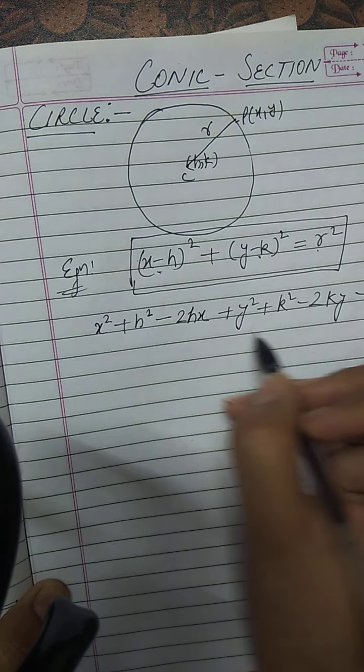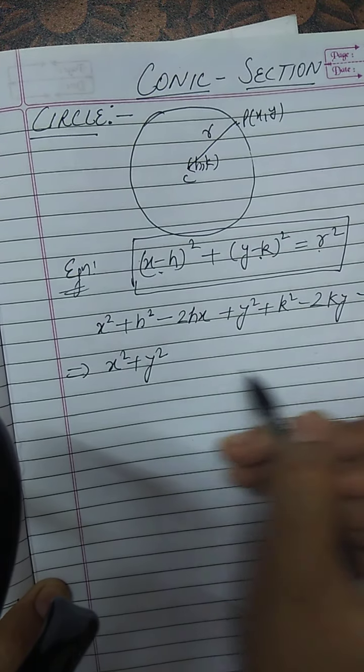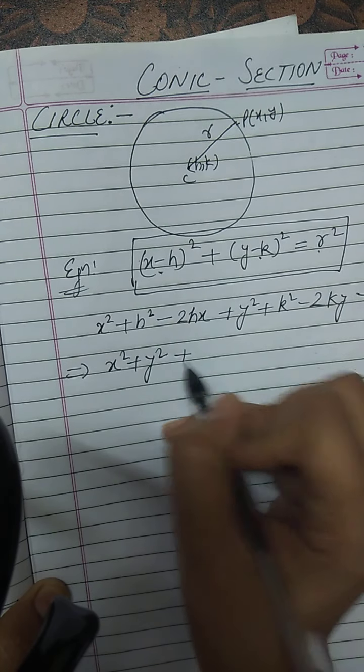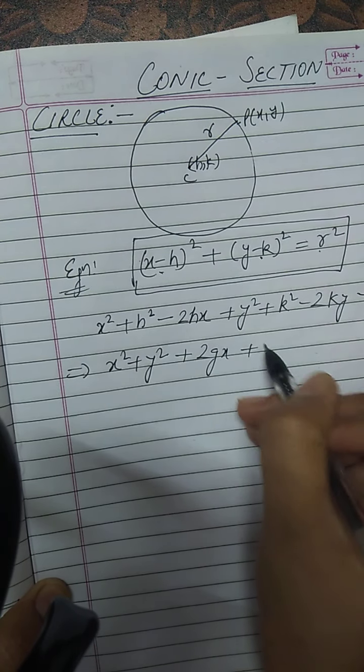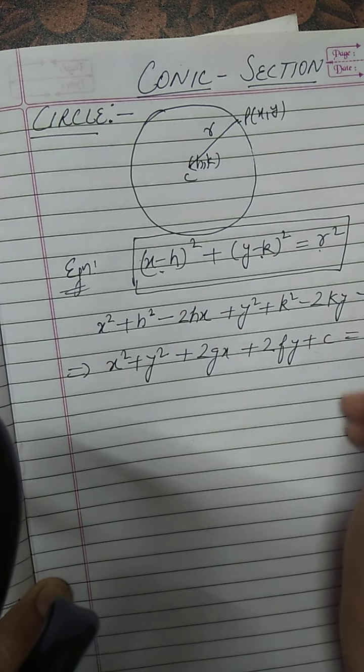Now from this equation we can write x square plus y square plus 2gx plus 2fy plus c equals 0.